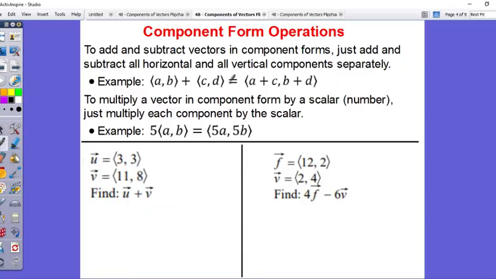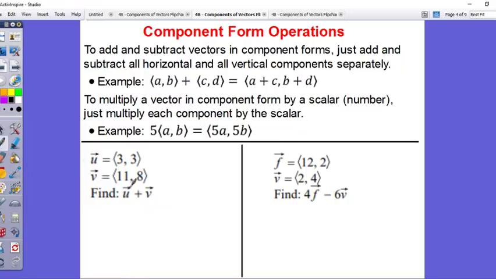To add and subtract vectors, you add all horizontal components and vertical components separately. To multiply a vector by a scalar, which is a number, just multiply each component by the scalar.